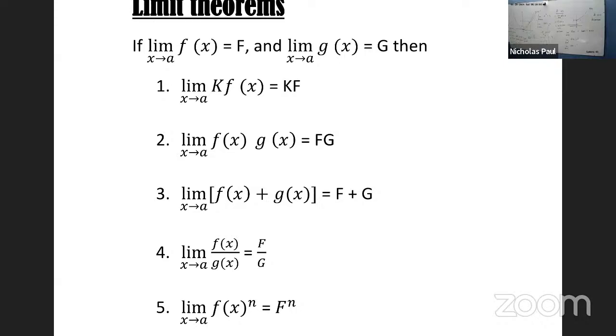They plug in the value there, 2 squared plus 1. Just show them which function we use now.